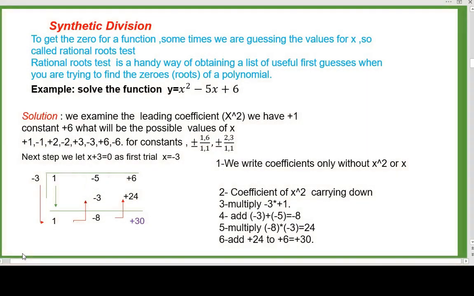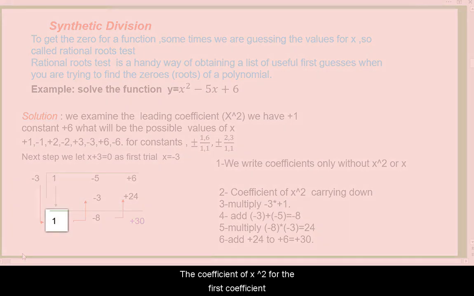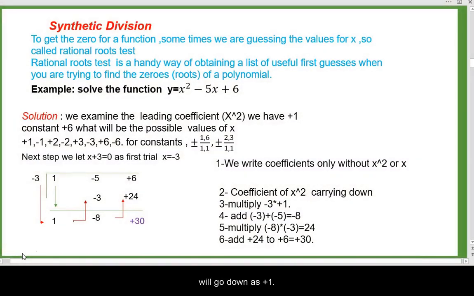First, we let x plus 3 be one solution, which is one of these candidates, 3 over 1, plus or minus. We get x plus 3 equals 0 as the first trial, so x will be equal to minus 3, and we put this minus 3 on the left side. The first coefficient goes down as 1.